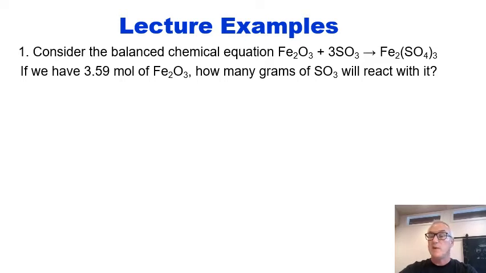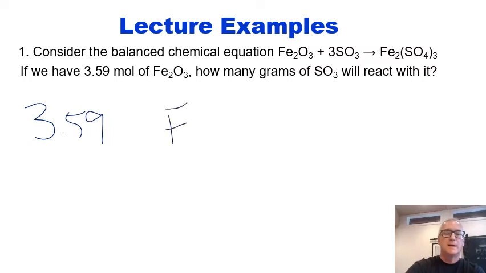So what are we given? Always write down what we're given. We're given 3.59 moles of iron 3 oxide.